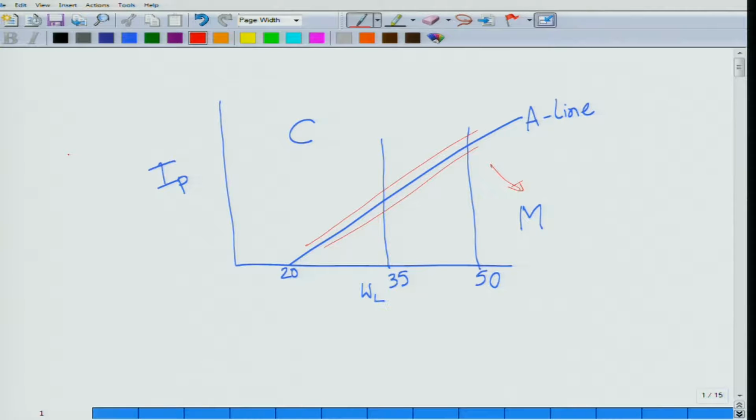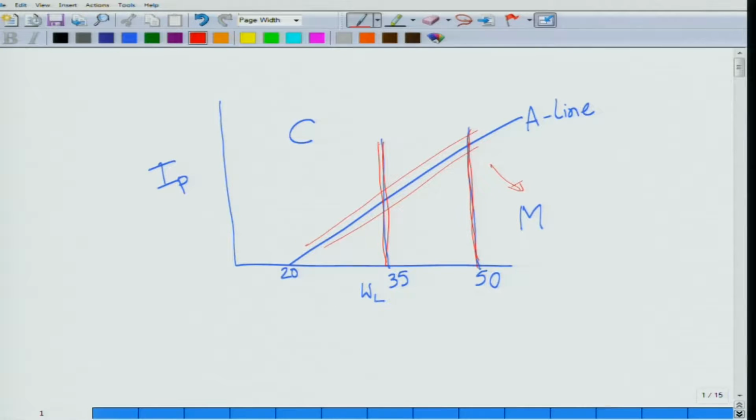The second statement says that if anything comes very close to this 35% liquid limit line or 50% liquid limit line, then it will be classified as dual symbol. Now, why is it like that? This vertical line at 35 separates low plastic soil and intermediate plastic soil.